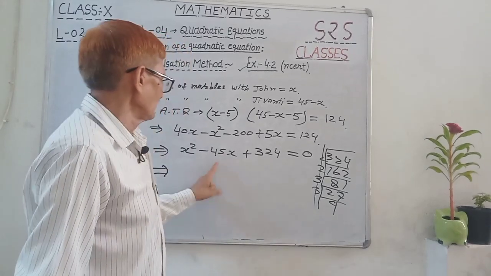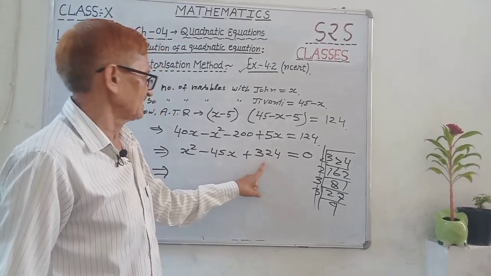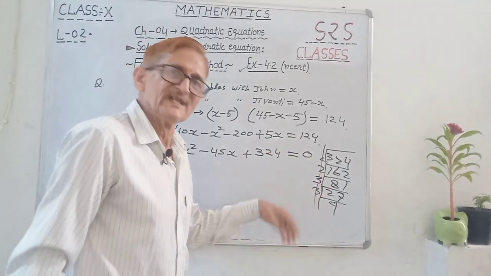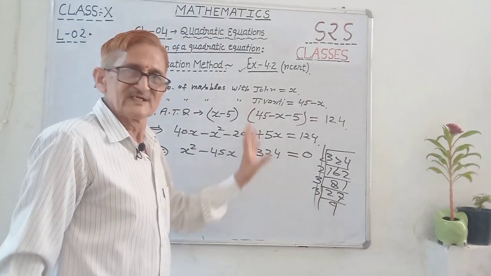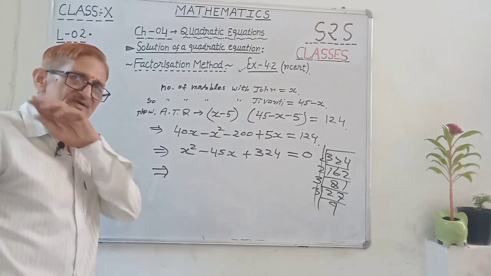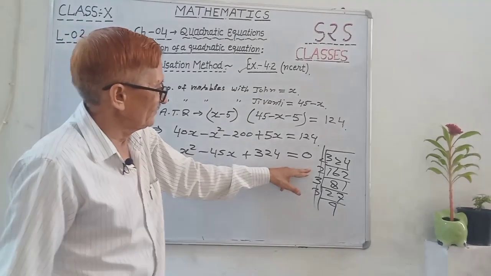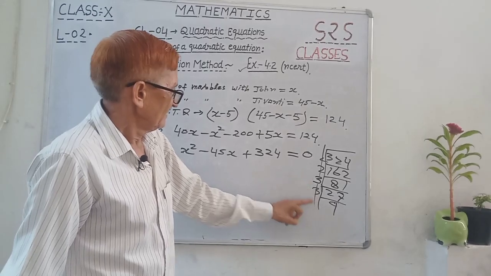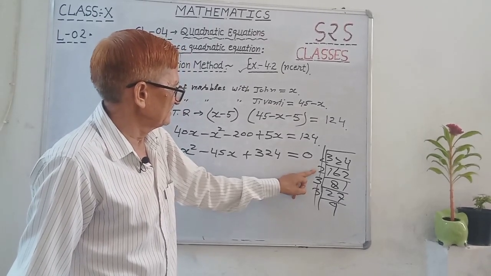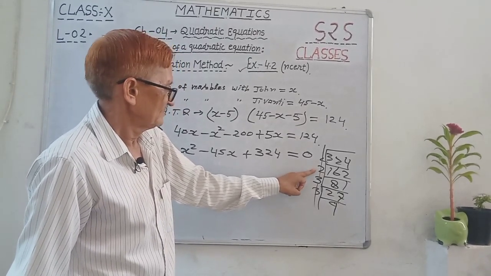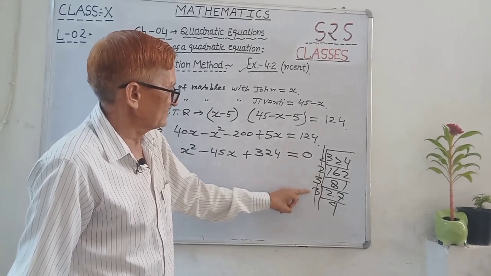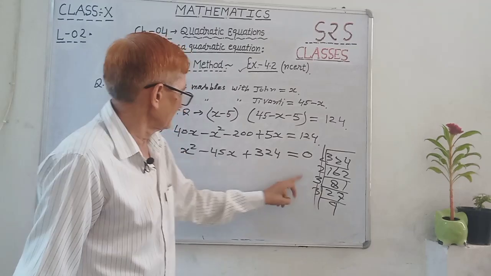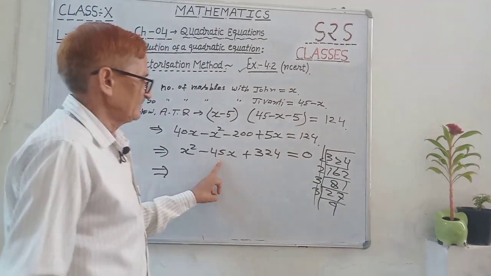Sum minus 45 means both must be negative. Product is positive, a into c is positive, so both must be negative. The product will be positive and the sum is 45. Trying 27 and 12: 2 2s are 4, 3s are 12, and 9 3s are 27. 27 and 12 is not 45.